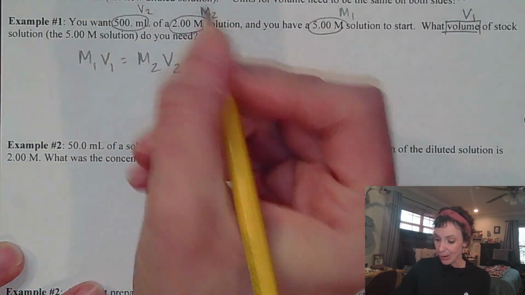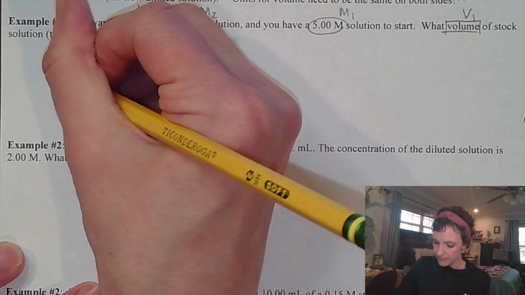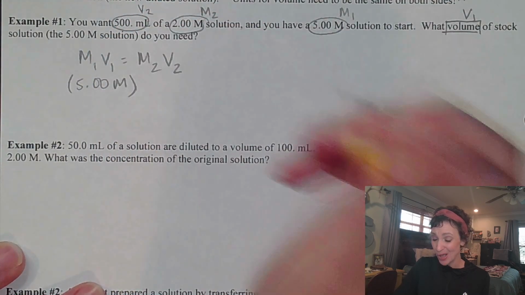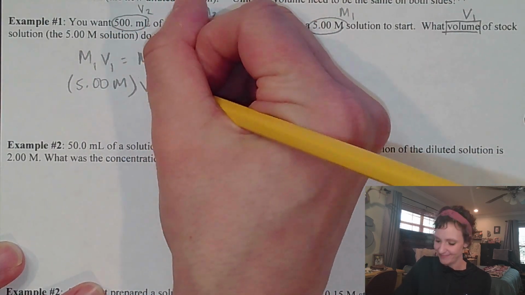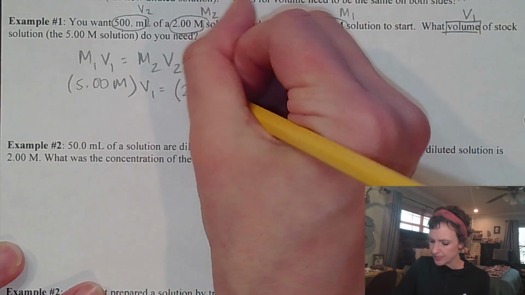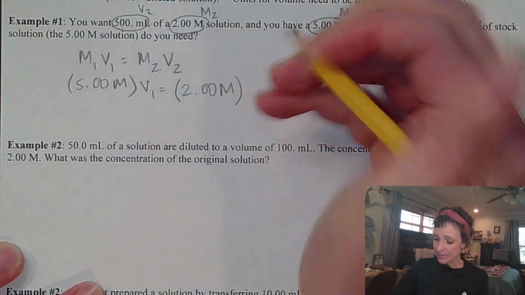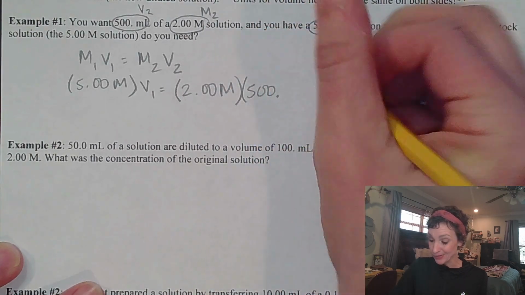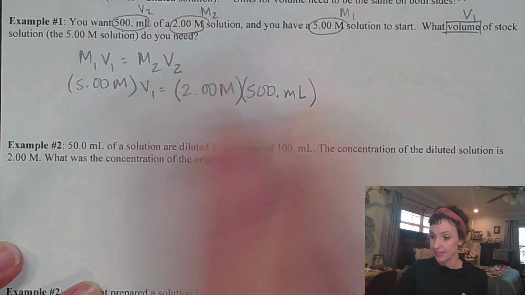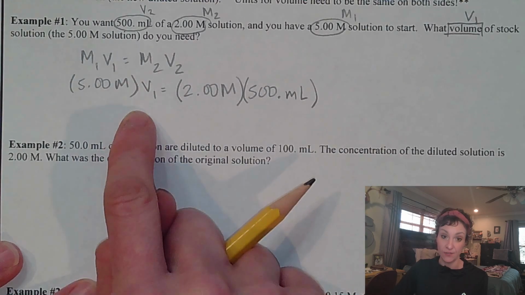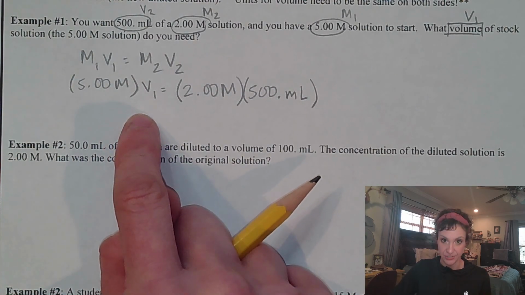So I can fill in my M1 value, that is 5.00 molar, I'm solving for V1, and that is going to be equal to M2, 2.00 molar, times V2, which is 500. with a decimal, which means those zeros are significant, milliliters. I'm not worried about that being in milliliters. I just know to expect that when I solve for my V1, that will be a representation of a volume in milliliters as well.